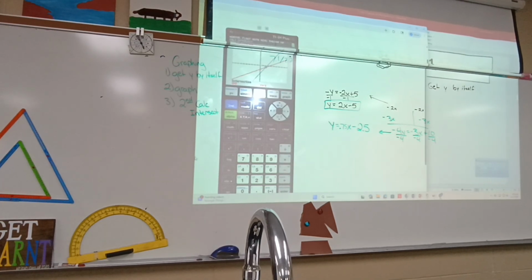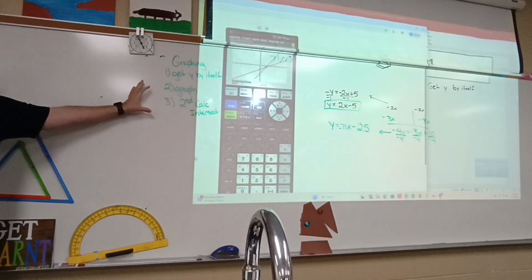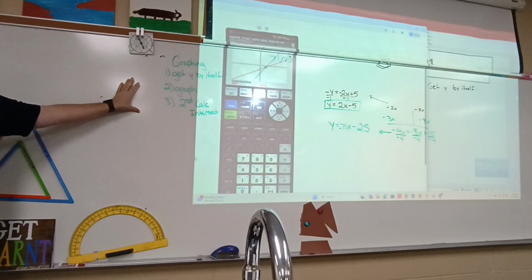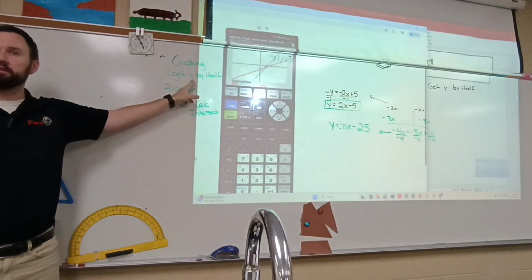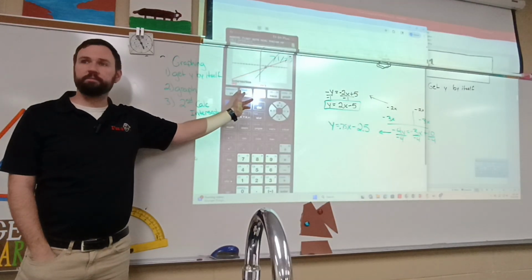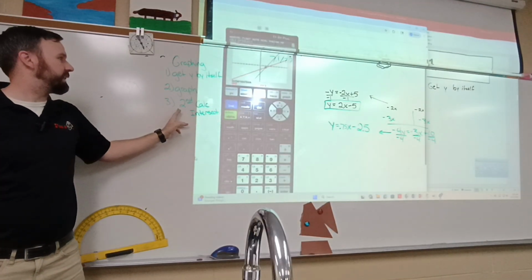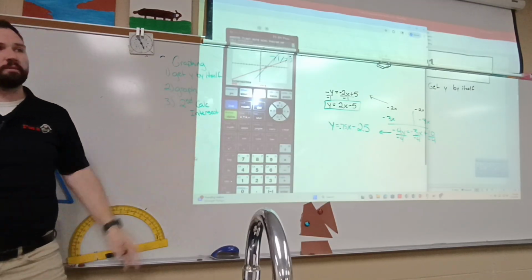All right. So here, if you want to jot down a cliff notes for graphing, because I know you guys like to have your notes step by step. If you're solving by graphing, your first step, you need to have y by itself, right? Second step, graph on the calculator, plug them in. Third step, second calculate, intersect, number 5.